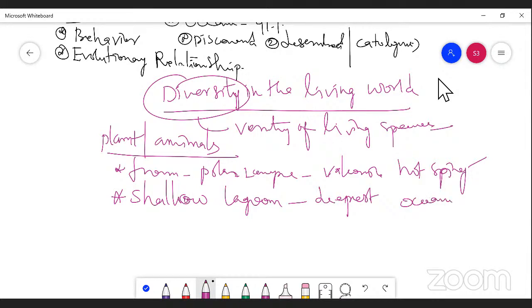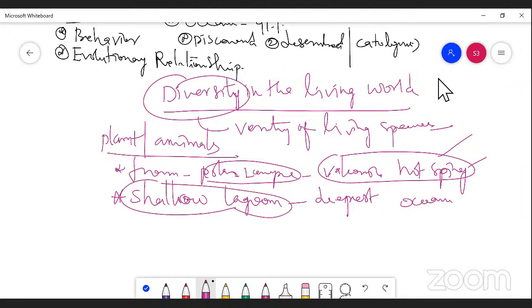I mean, some organisms adapt to the polar ice cap regions. Some organisms adapt to volcanic hot spring areas. Some animals adapt to shallow lagoons. Some animals adapt to the deepest ocean water, for example fishes like sharks and blue whales.